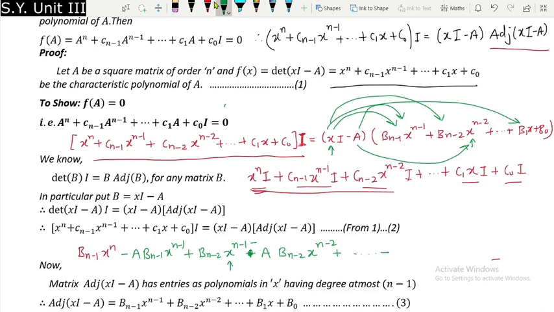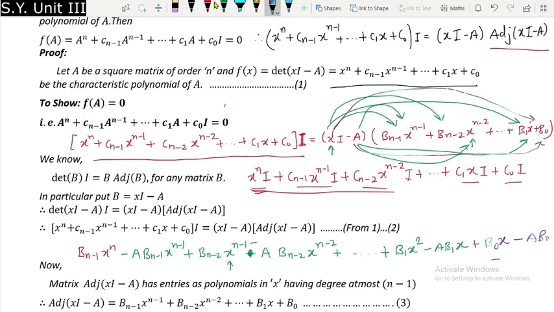It will be plus b1x square, and now a with this b1x, so it will be minus a b1x, and now this xi with this constant b naught, so it will be plus b naught x, and at last this a with this b naught, and it will be minus a b naught. So this is our right hand side.